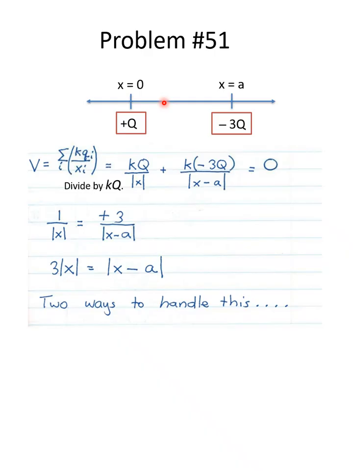And so the first one is k times the charge plus q divided by the absolute value of x, which is the position we're trying to find. And make sure that that makes sense. We're looking at the distance from that charge on the left. It is x. Now, why did I say the absolute value of x? Well, let's say that I have it here at x equals 1.